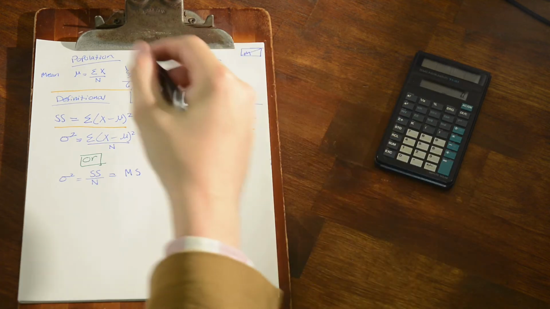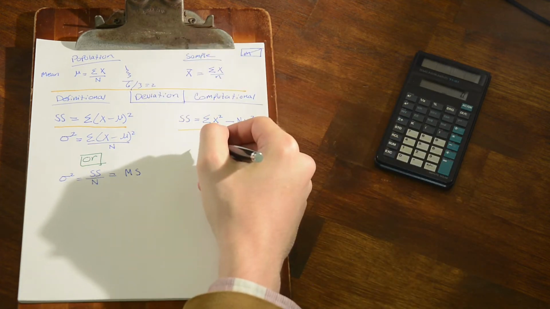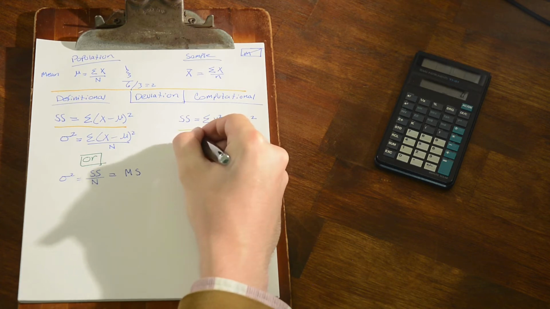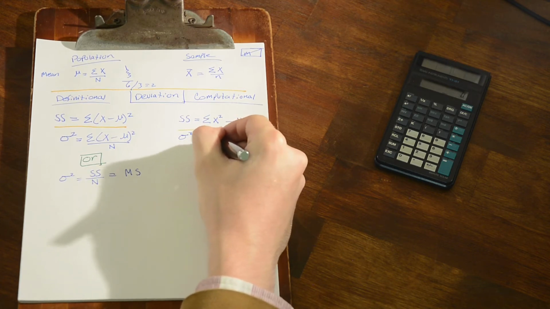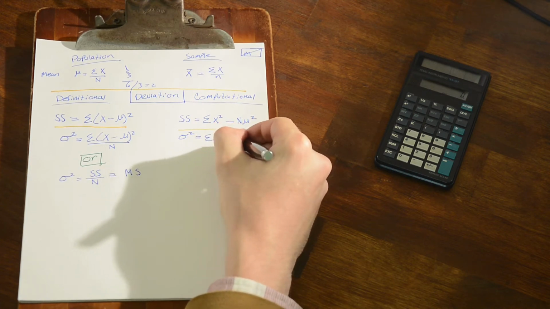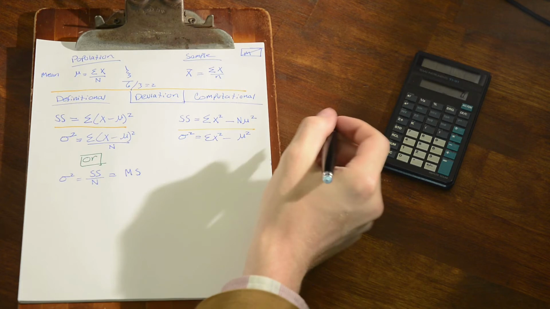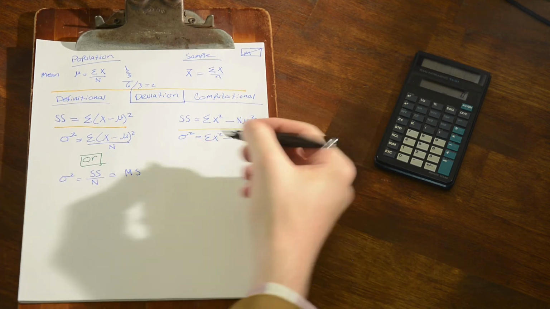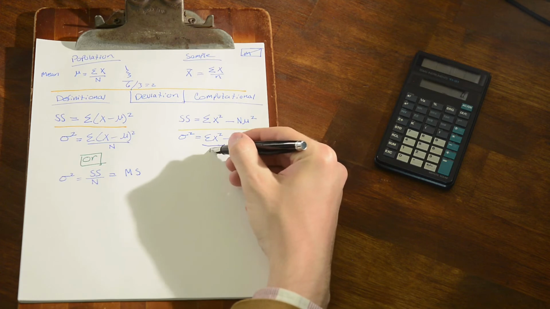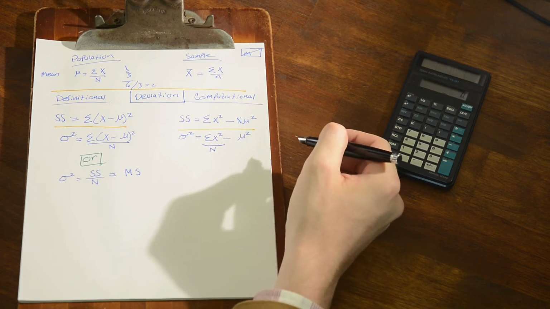Let's go on to our computational side now. So sigma squared is equal to the sum of x squared minus mu squared, and our component over here, the sum of x squared, is divided by n before we subtract.